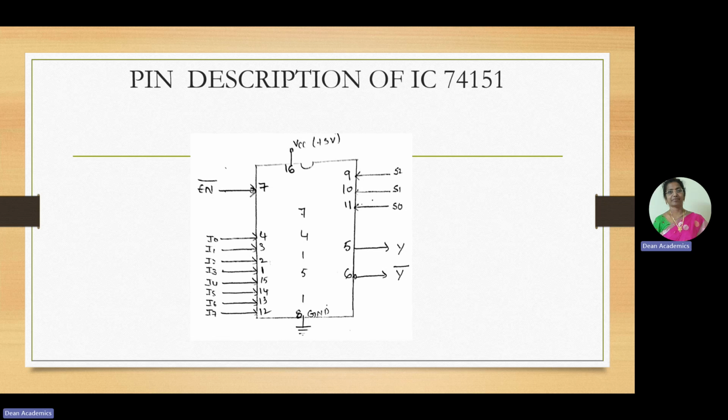Then coming to select signal, 3 pins are required for select signals, that is S2, S1, S0, and they are the select inputs to the multiplexer. And if you see Y and Y bar, these are the 2 pins. Y is active high output of the multiplexer, while Y bar is active low output of the multiplexer.